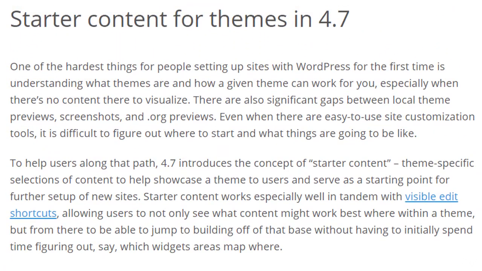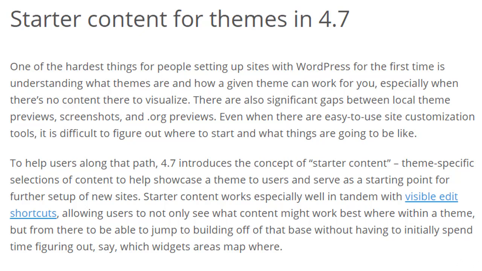One of the hardest things for people setting up sites with WordPress for the first time is understanding what themes are and how a given theme can work for you, especially when there's no content there to visualize. There are also significant gaps between local theme previews, screenshots, and .org previews, even when there are easy-to-use customization tools.